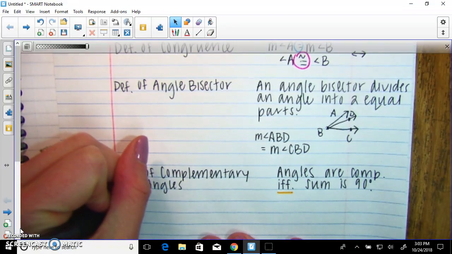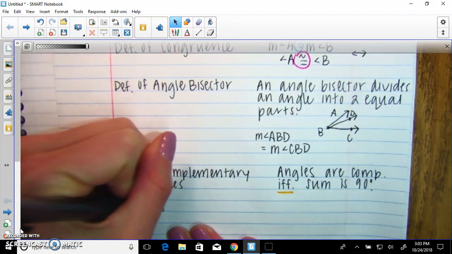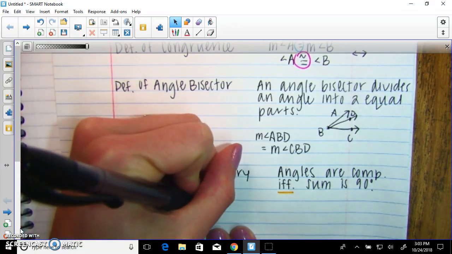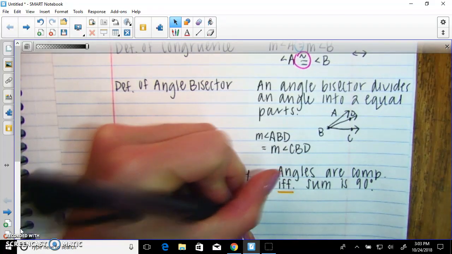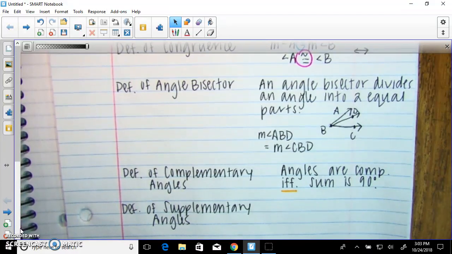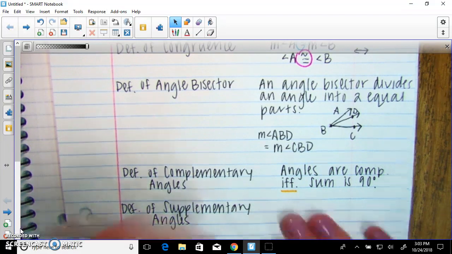Similarly, we have the definition of supplementary angles. And we should be able to predict what this is going to say. It's just like complementary, except their sum is 180.